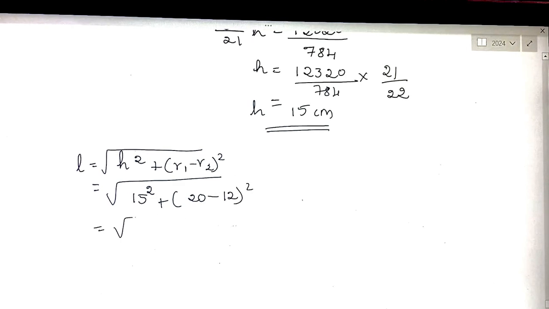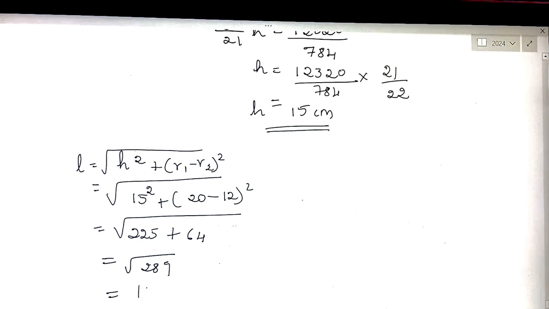That is 15 square is nothing but 225 plus 20 minus 12 is nothing but 8. 8 square is 64. Okay, so while we add 225 plus 64, we get root of 289. So root of 289 is 17. Okay, so L is nothing but 17 centimeter.